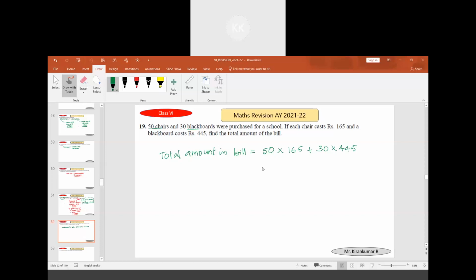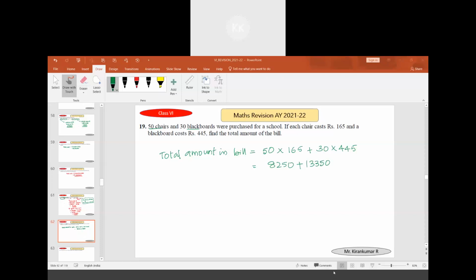Did you multiply 50 with 165? That is 8,250. When you multiply 445 with 30, we get 13,350. So a zero should be placed here.